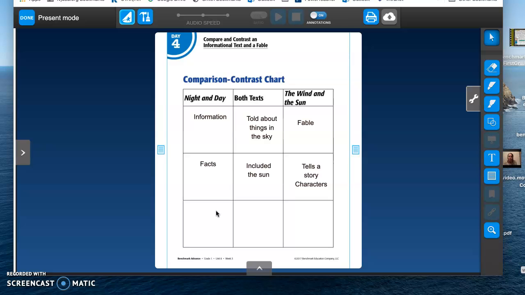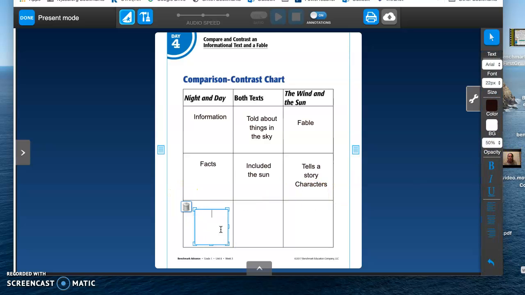Now I would like you to think about the purpose the author had for writing each story. Why did the author write Night and Day? To teach us, to explain, to entertain, or persuade? The purpose of Night and Day is to inform.